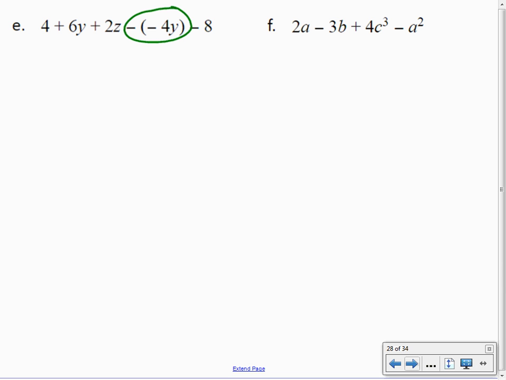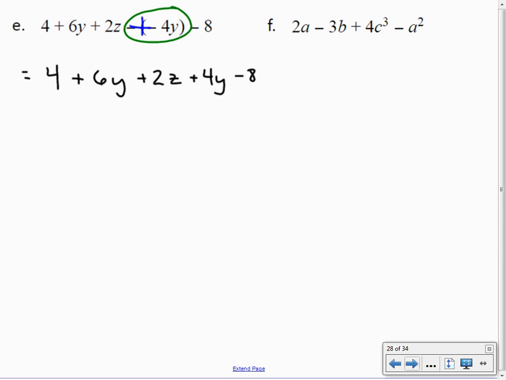So instead of writing it as minus negative 4, we can change this so that it's just a plus 4y. So I'm going to rewrite the whole thing so it's not so messy. We really have 4 plus 6y plus 2z plus 4y minus 8.